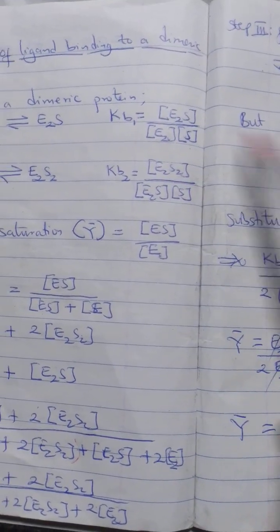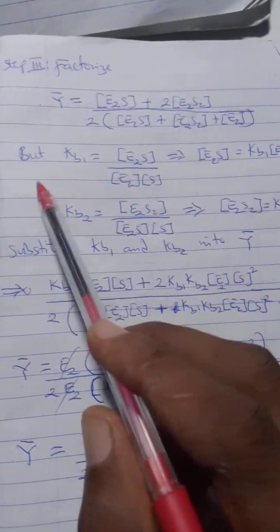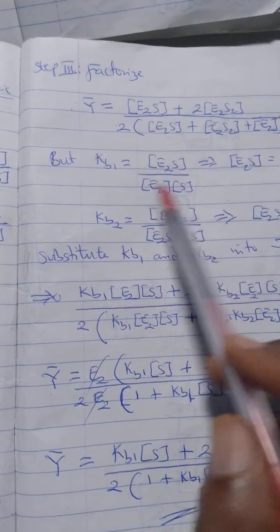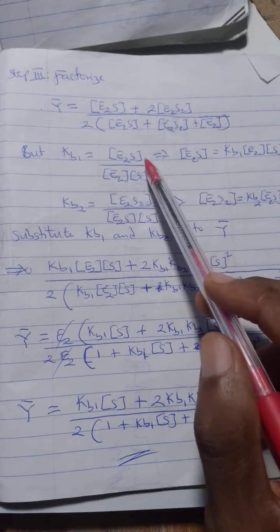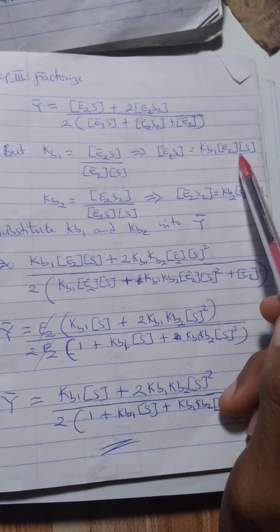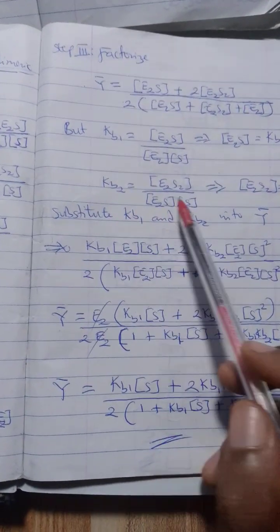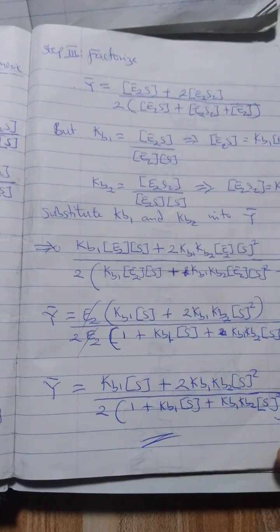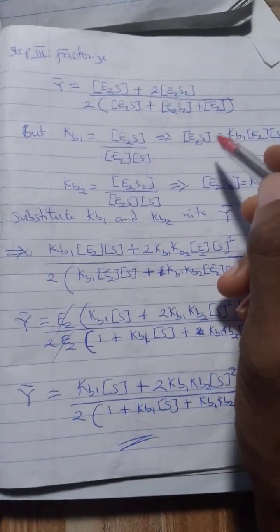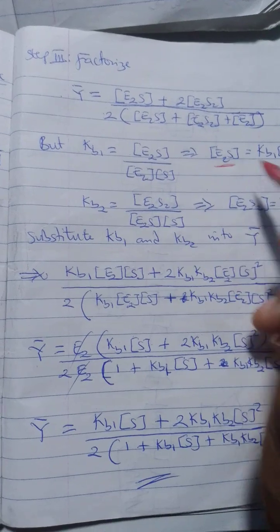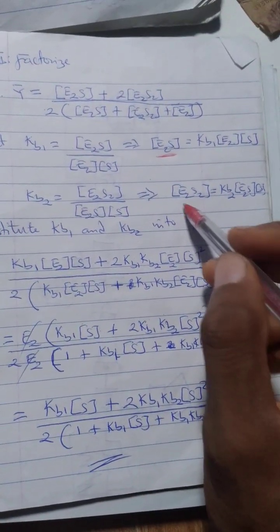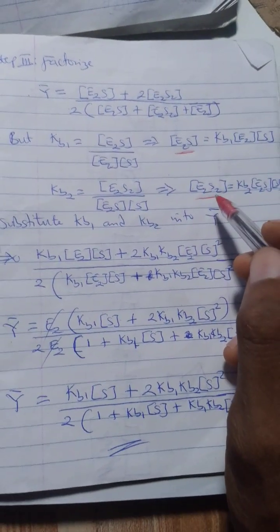If we cross multiply this, this is what we are going to have. So from KB1, if we cross multiply, we'll have E2S equal to this. From KB2, which is this, if we cross multiply, we're going to have this. So with that, we now have a new value for E2S and a new value for E2S2.